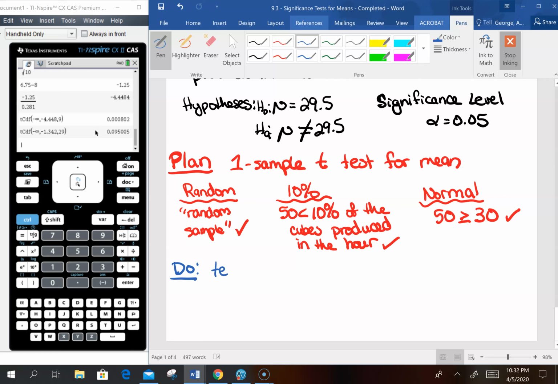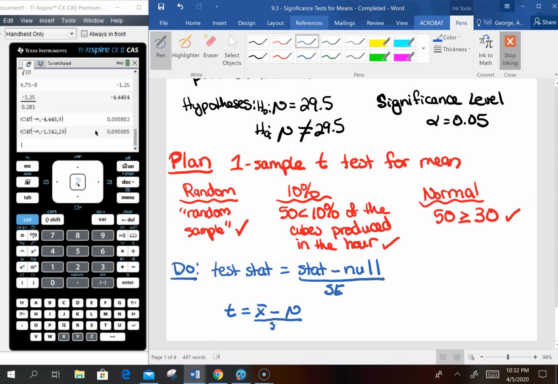All right, so it's our test statistic equals our stat minus our null over our standard error. As symbols, that would be t equals x bar minus mu over the standard error. In this case, we already know our standard error.